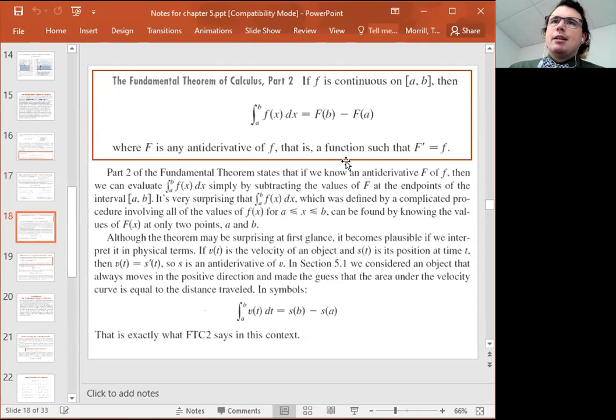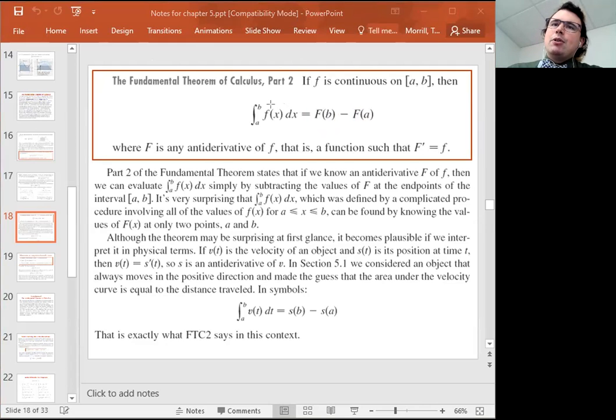Now, this goes hand in hand with the way that we have been evaluating integrals. So we talked about how antiderivatives allow us to calculate definite integrals as long as f is a continuous function. If we know its antiderivative, the integral of f is equal to the antiderivative evaluated at b minus the antiderivative evaluated at a.